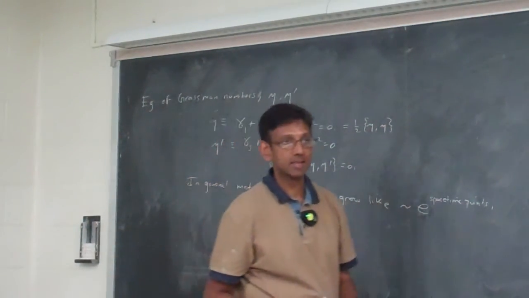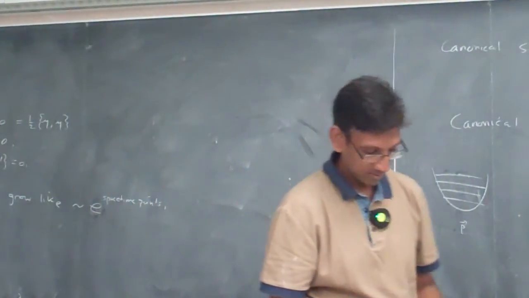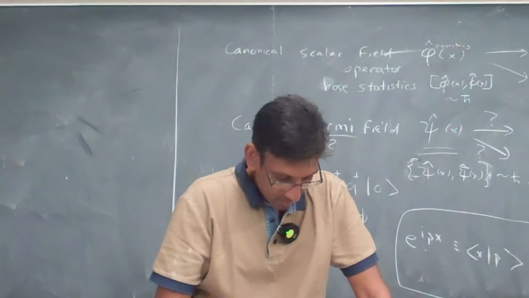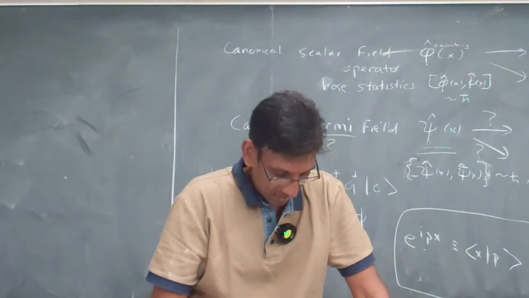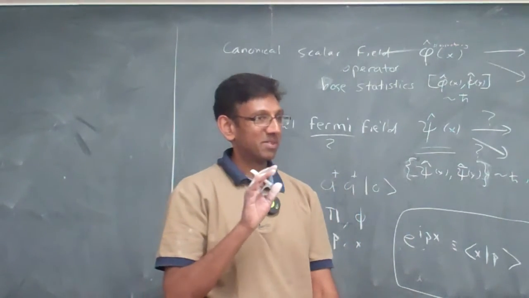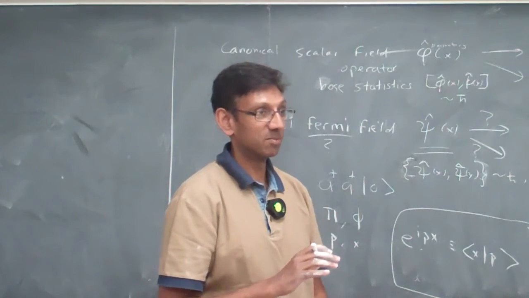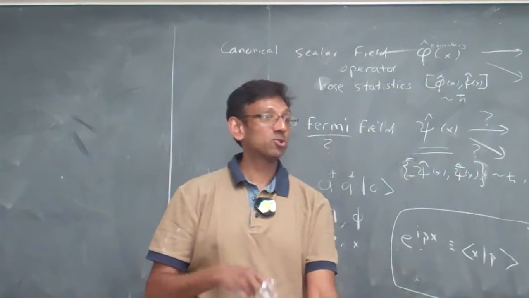Yeah? Do we multiply the Grassmann number by a real number or anything like that to give it a size? Yes, let me go through that. But when you think matrices, you already know a lot of the answers. You can multiply these square matrices by each other.